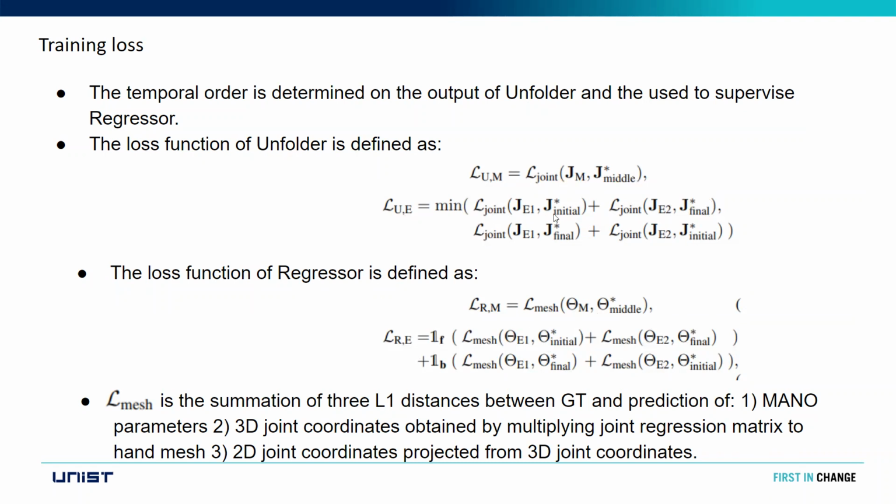If this one is the minimum, then we compute the loss function according to this one. And this mesh loss function is the L1 distance between the ground truths and the predictions of the MANO parameters, the 3D joint coordinates obtained by multiplying the joint regression matrix with the hand mesh, and the 2D joint coordinates projected from the 3D joint coordinates.